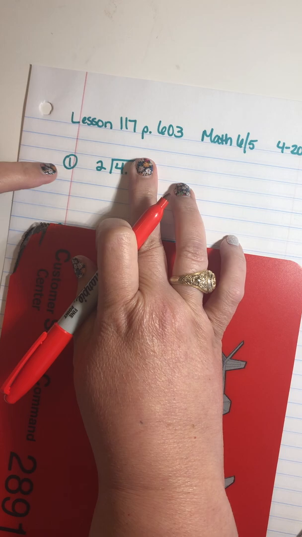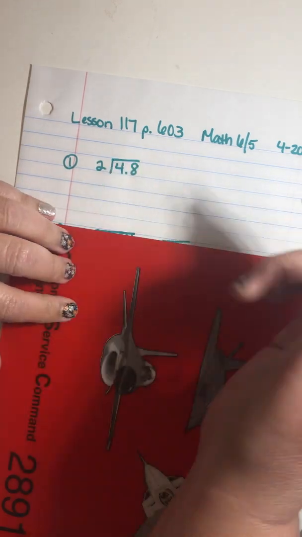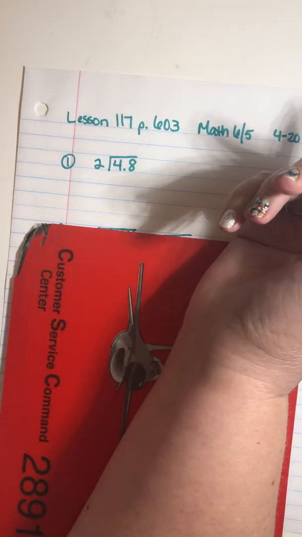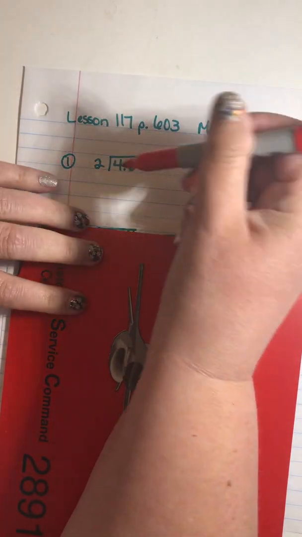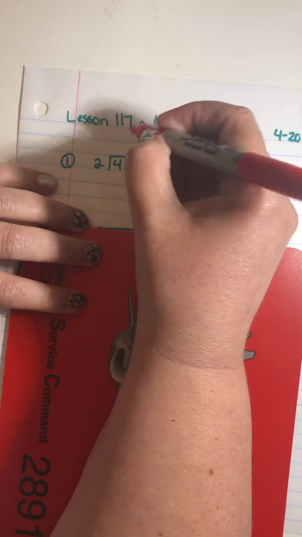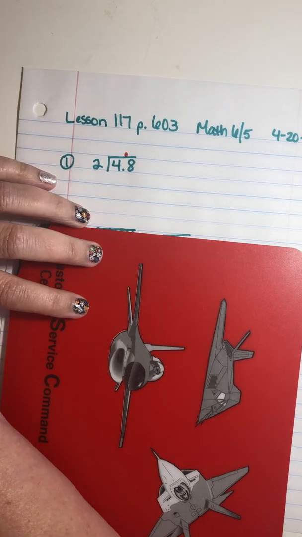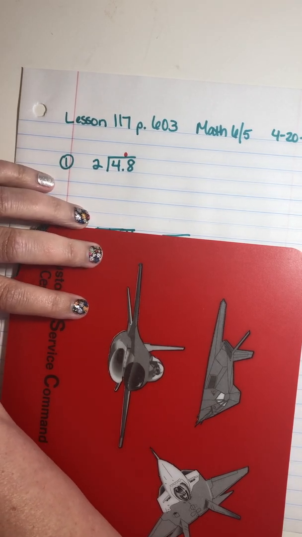Start with 4 divided by 2. And we know that goes 2 times. Oh, wait, I already messed up. Look at that. My first order of business is take this decimal and move it straight up. There you go. That's your first step for division with a decimal.